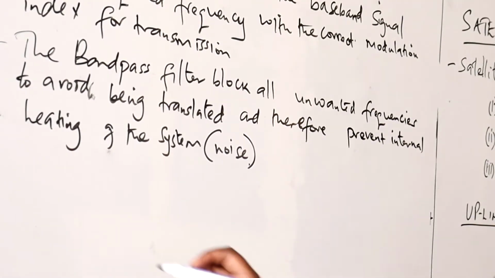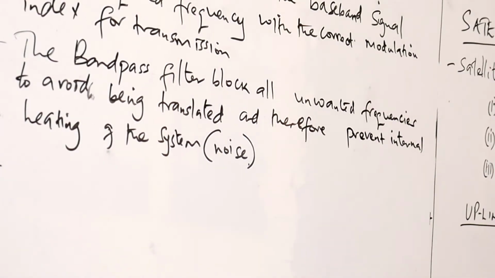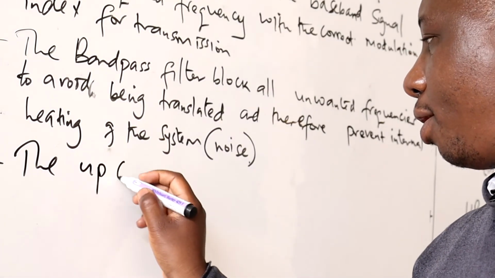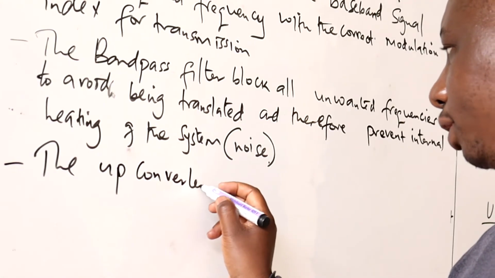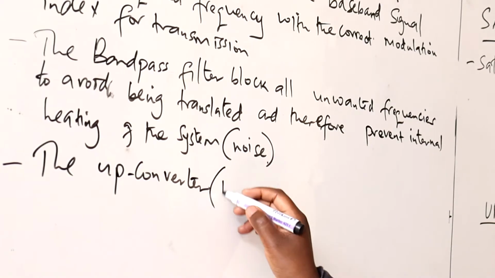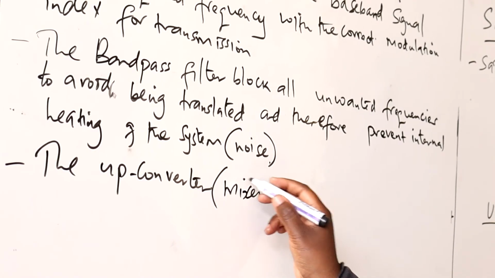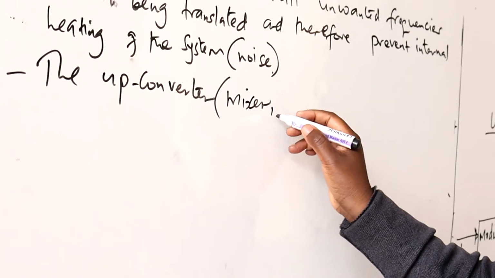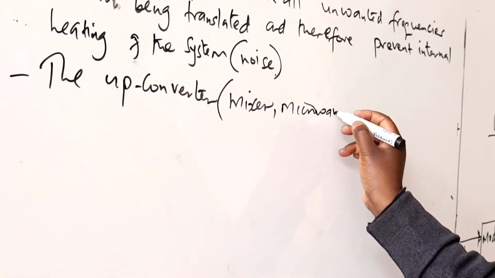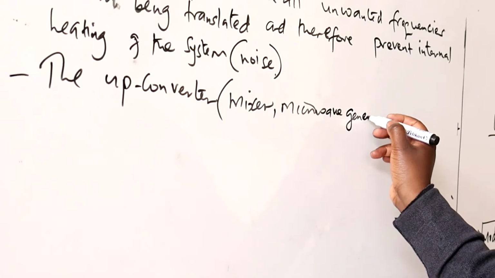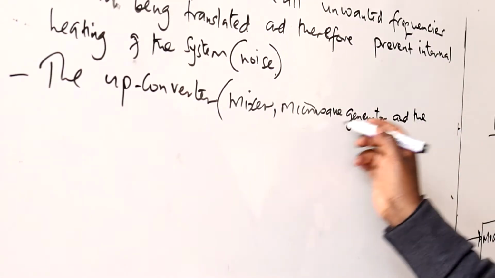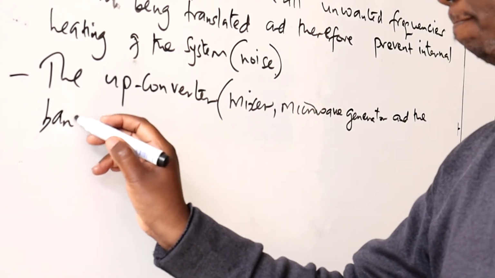The high power amplifier. We have the mixer, the up converter. The up converter, in brackets, whatever it comprises is the mixer, the microwave generator, and the bandpass filter.